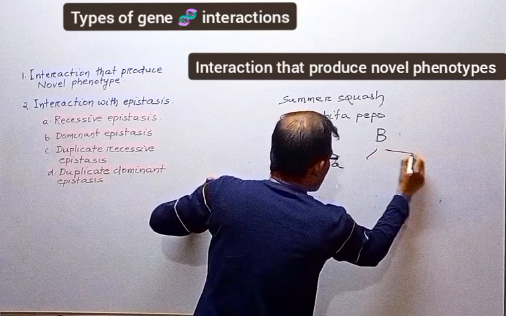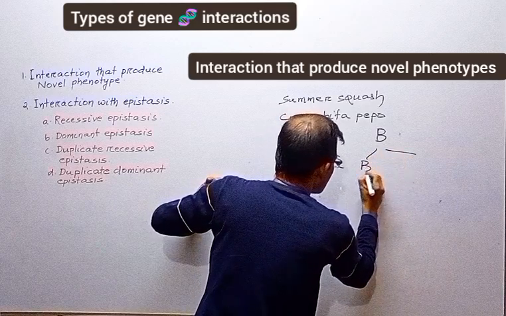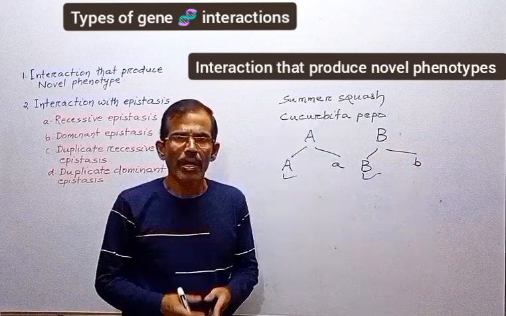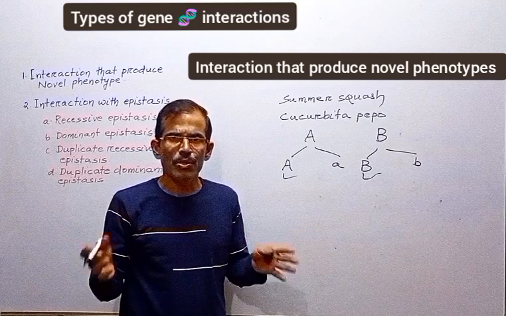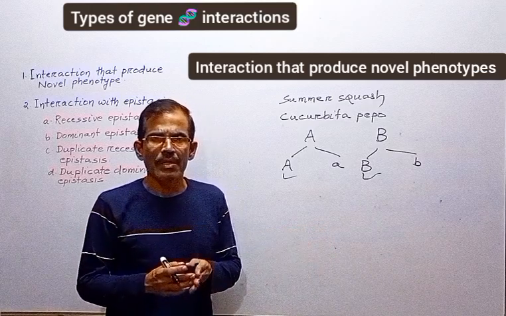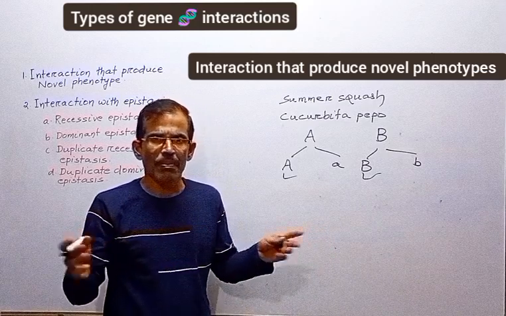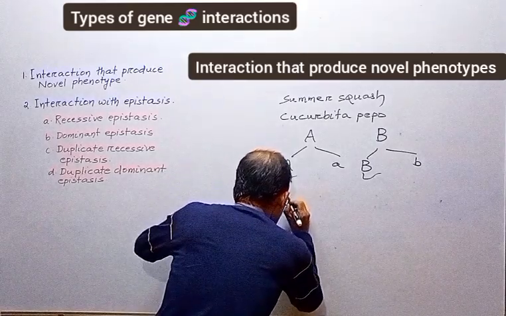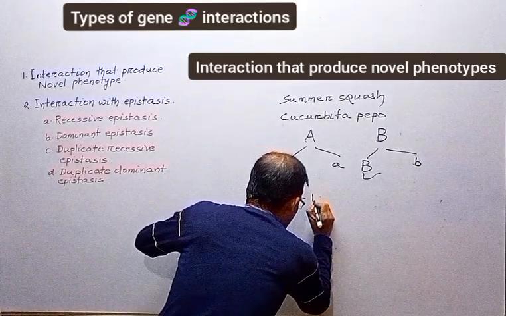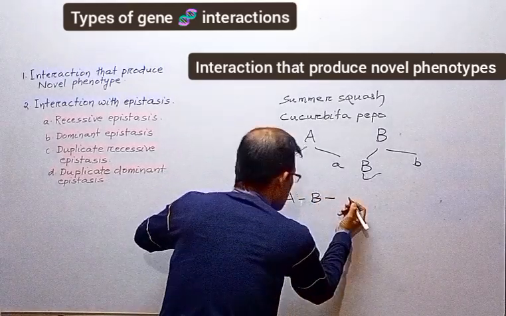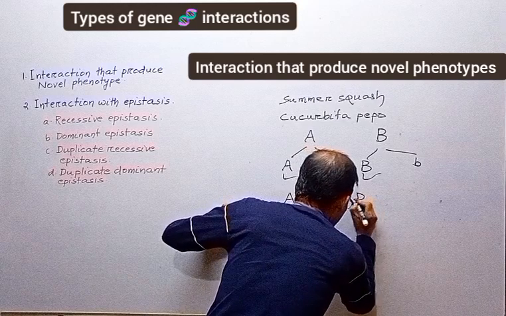One is dominant and the other one is recessive. When both genes have at least one dominant allele, then the fruits are disc-shaped. So this is the genotype that produces disc-shaped fruits.